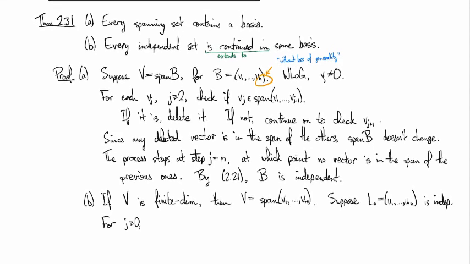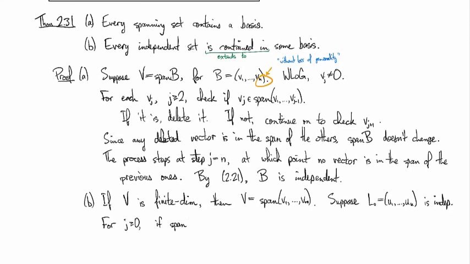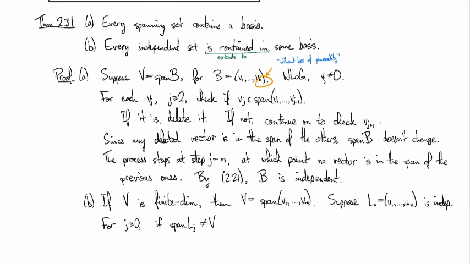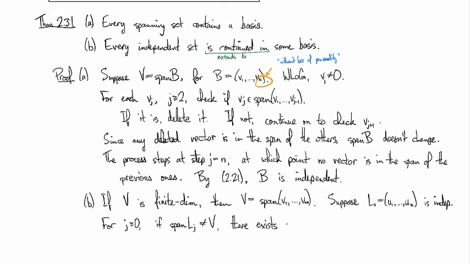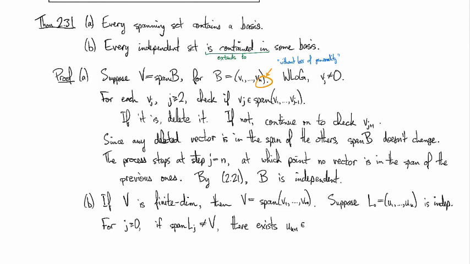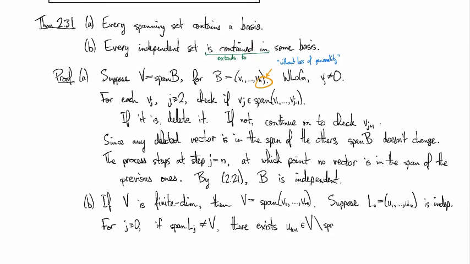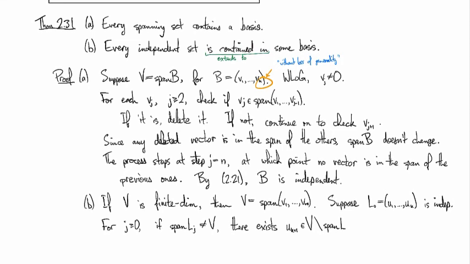So for each non-negative integer j, if the span of Lj is not equal to V, then there exists something in the complement. So there exists something, we'll call it U sub k plus 1. And it lives in V, but not in the span of Lj.